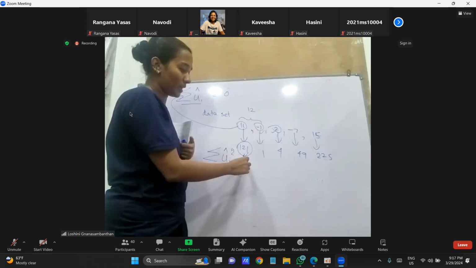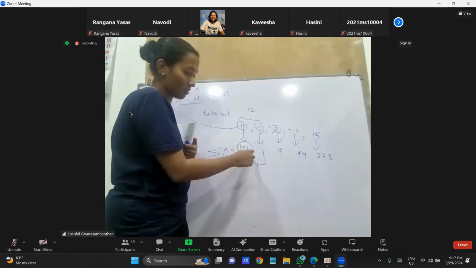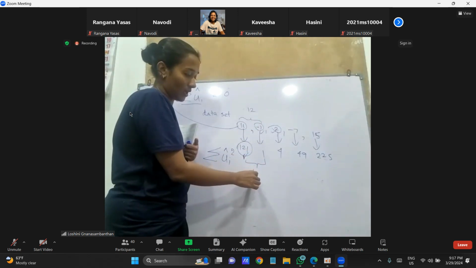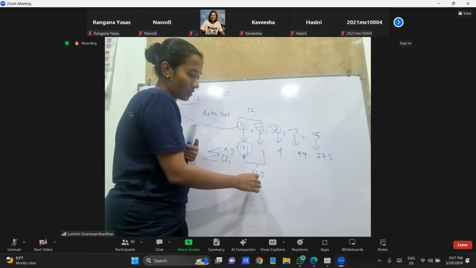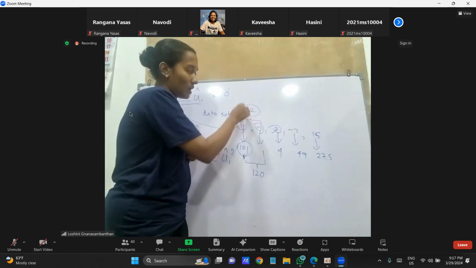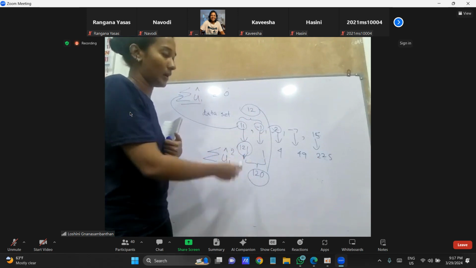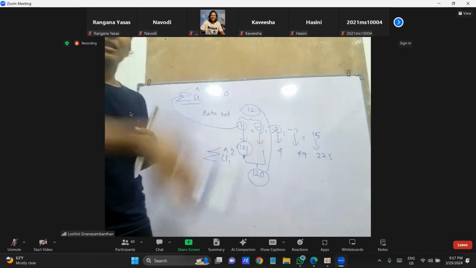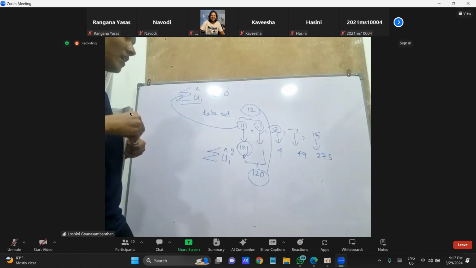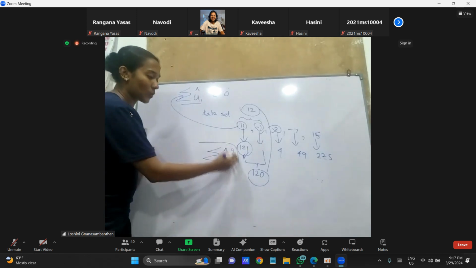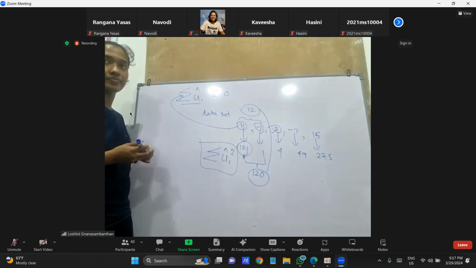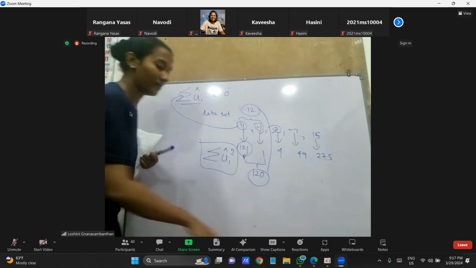But here, can you see, it is 120? So we have given more weight to the most distant. That's why we are squaring this.